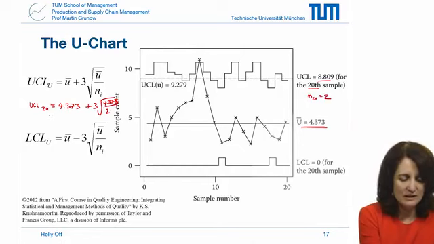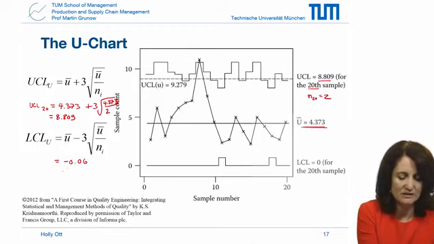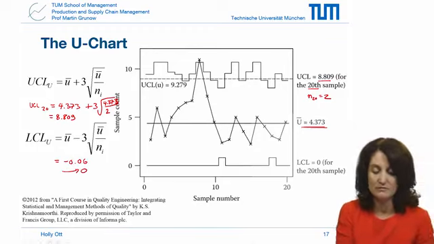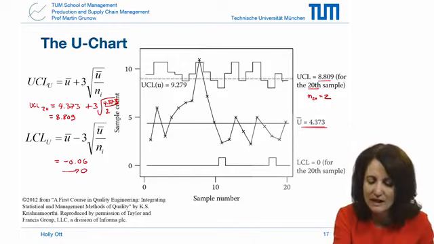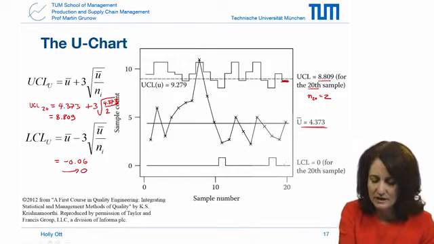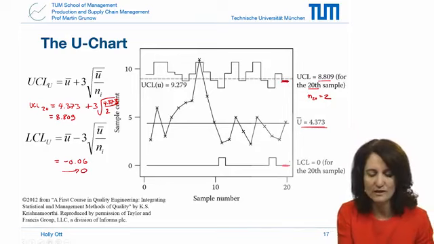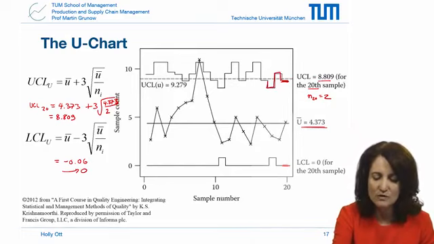And so in this case, we get 8.809 as our upper control limit. The lower control limit is actually going to be negative 0.06, so we round that up to 0. So here we have 8.809 and 0 for our 20th sample. But as before with the P charts with varying sample size, we end up getting a step function.